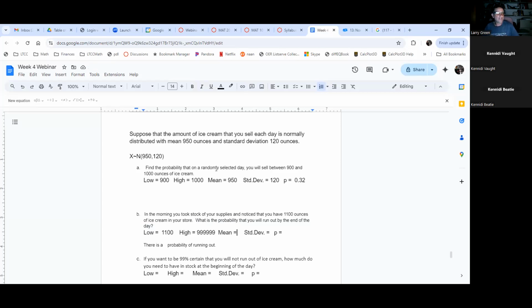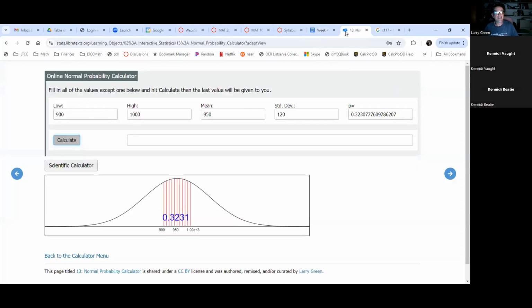The mean was 950. The standard deviation was 120. And we want to find P. So 1,100 to 99999.